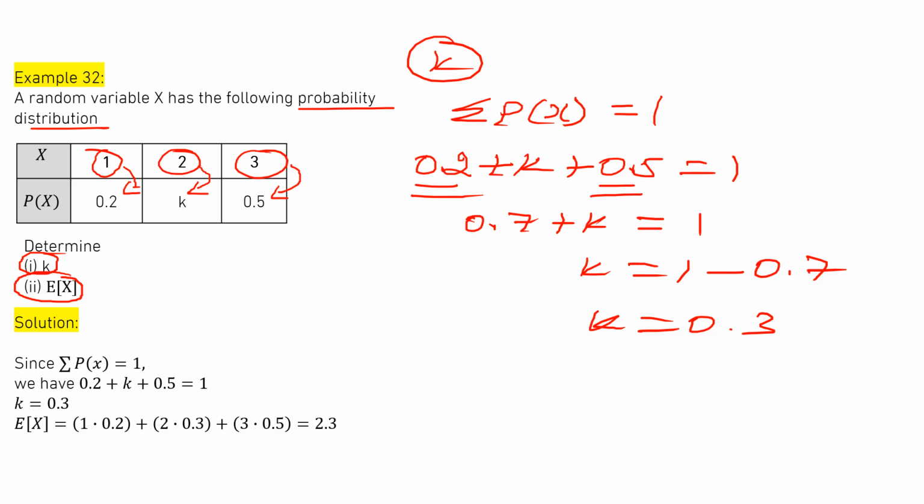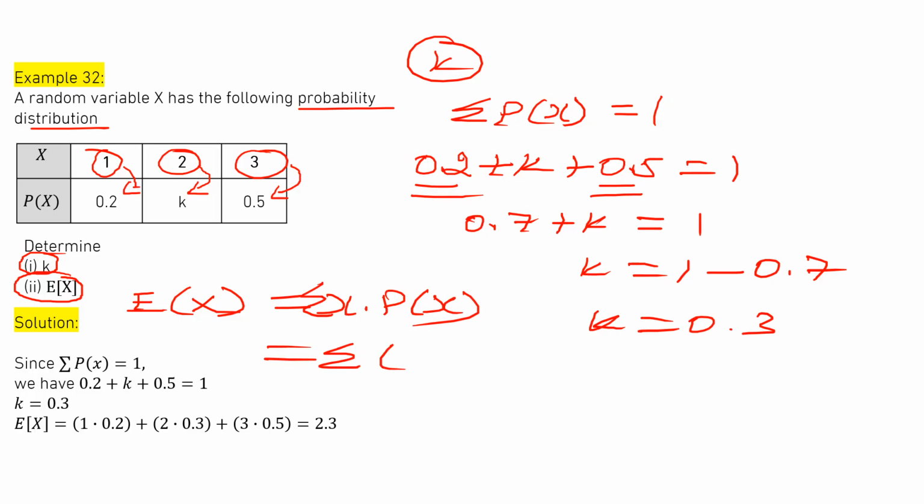The next one, we have to find E of x. What do you mean by E of x? Expected value of the random variable. What is the formula? x times p of x, and then we take summation. So sigma, what is the x value? 1.